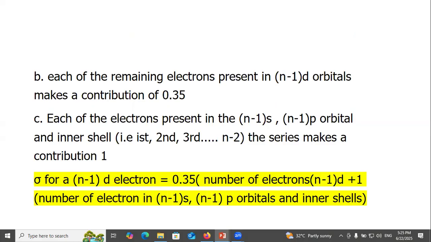Each of the electrons present in the n minus 1 s, p orbitals and inner shells makes a contribution of 1. Sigma value for an nd electron equals 0.35 times the number of nd electrons, plus 1 times the number of electrons in the n minus 1 s, p orbitals and inner shells.